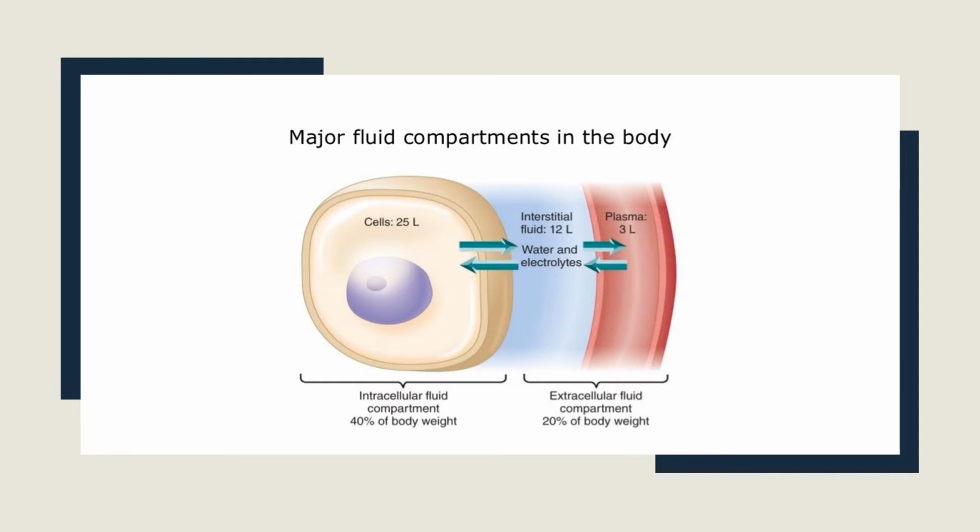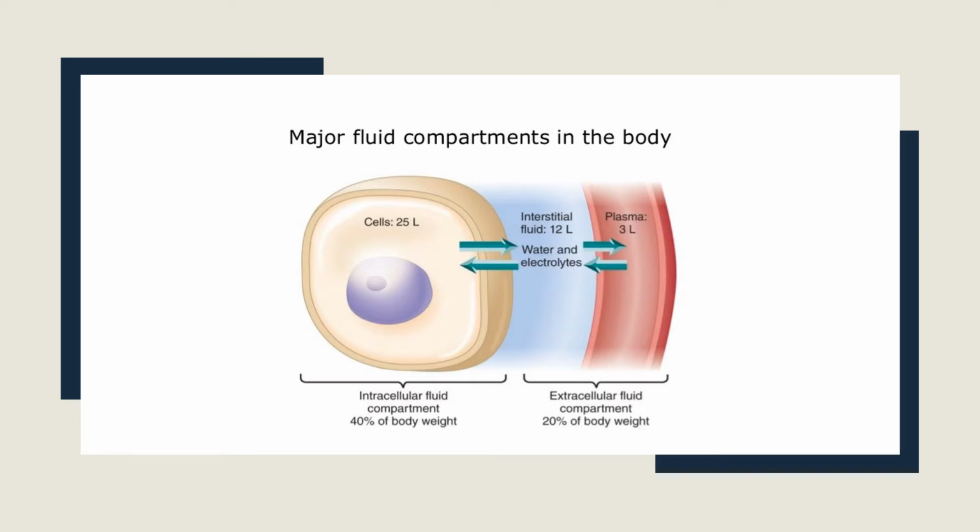This is another image of the major fluid compartments that I showed you earlier. This is the intracellular fluid compartment, and again, it's inside the cell. And interstitial fluid is about 12 liters. You will see here the water and the different electrolytes shifting from intracellular to extracellular and vice versa.